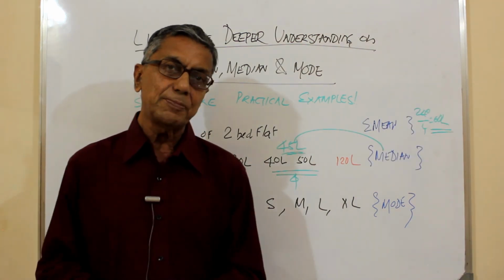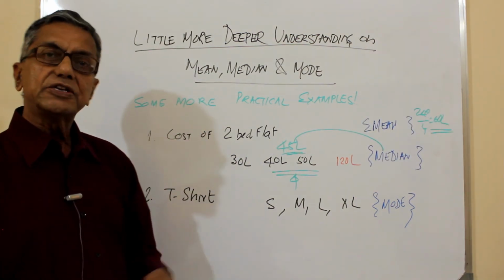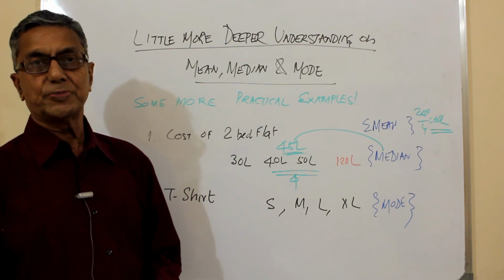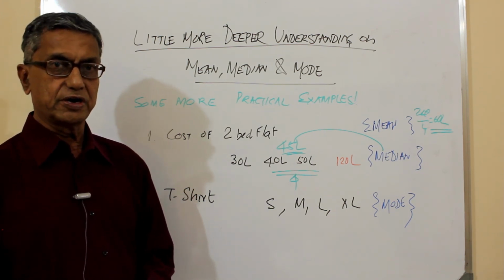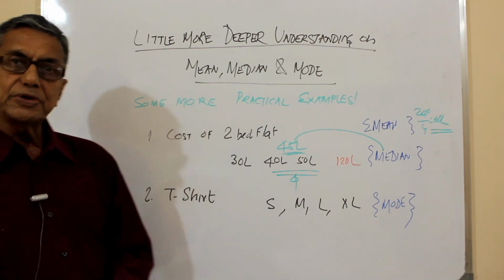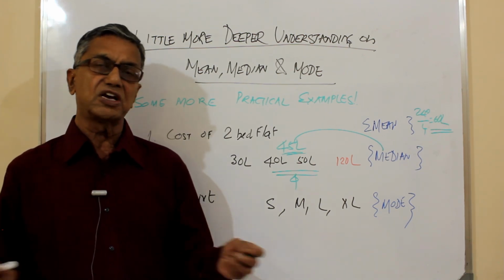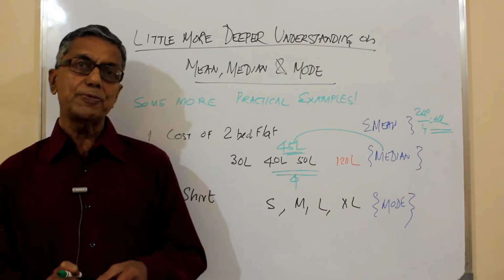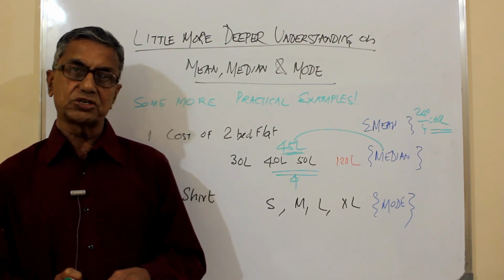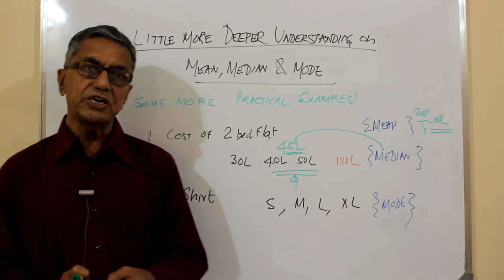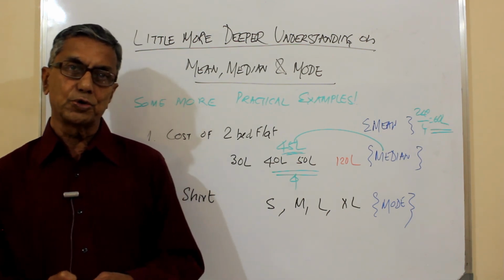Let us take the example of a mode, which is a very important aspect to understand. Normally, garment manufacturers don't manufacture all different sizes. In order to optimize his cost, with the minimum settings, he will try to produce more.